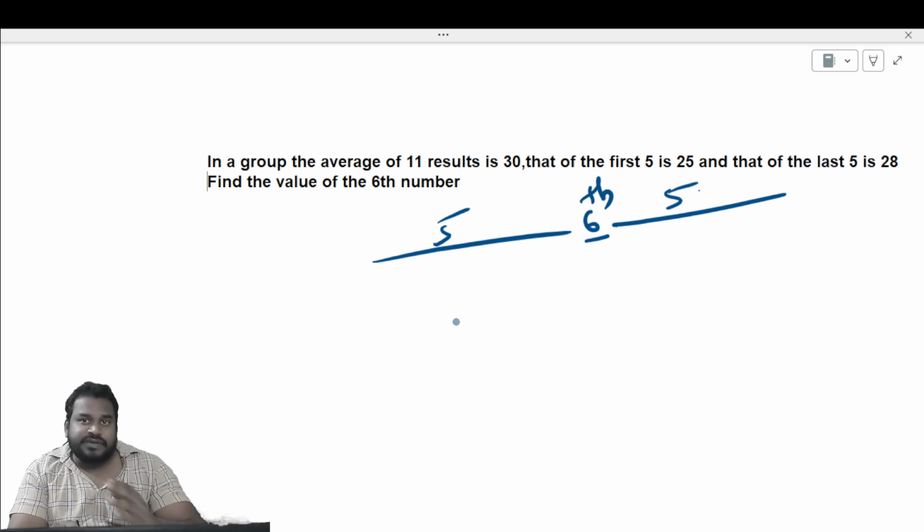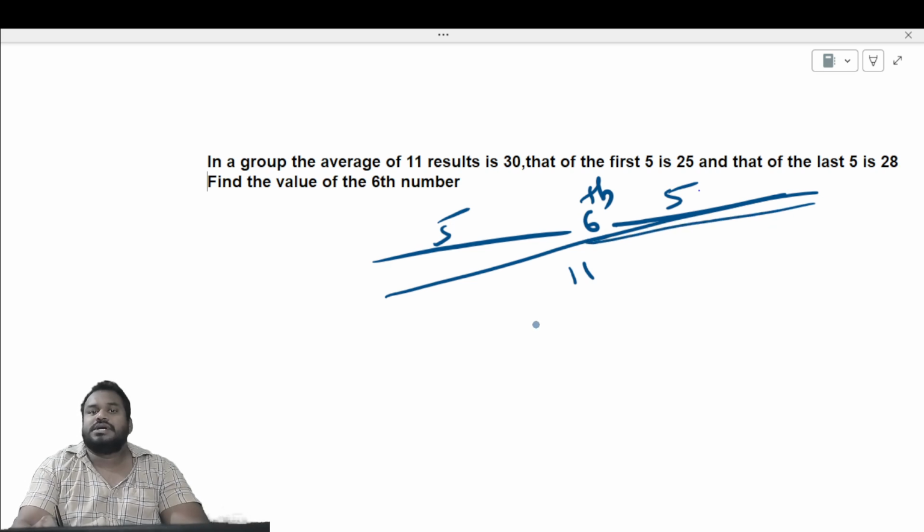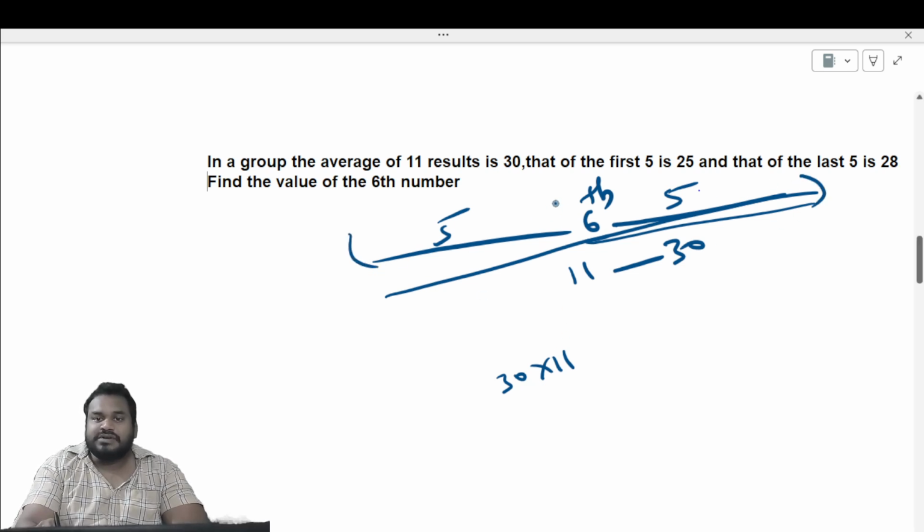So average into the total number of numbers will give you the total. For these 11 numbers, he gave the average as 30. So 30 into 11 will give you the total value from here to here. And the average of the first 5 is given as 25, so 5 into 25 will give you the sum of these numbers.